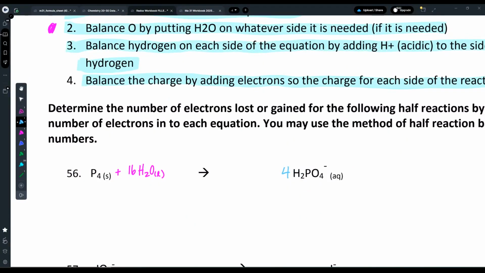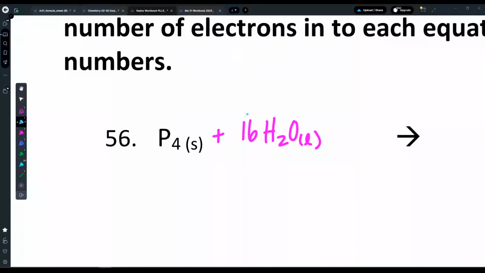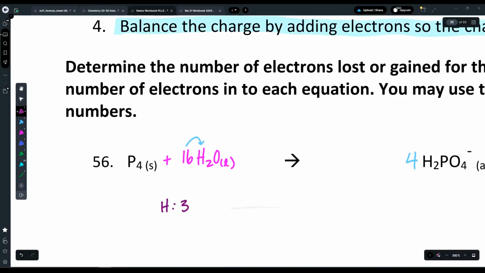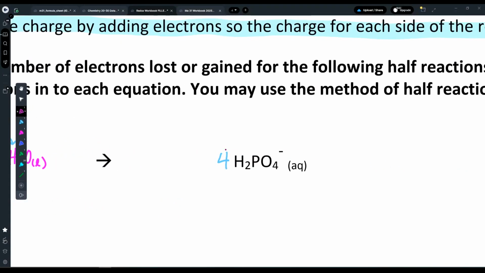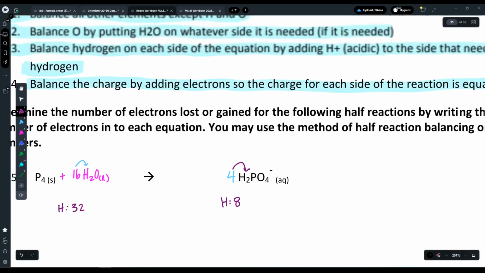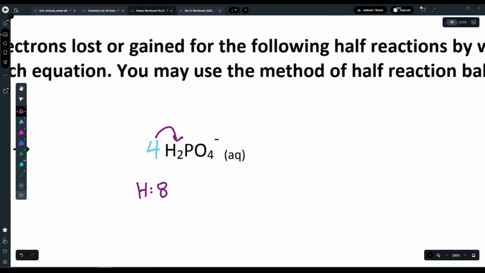So now we're going to move on to balancing hydrogens. Looking at our reactant side, we have 16 times 2, so that's going to be 32 hydrogens. And on the product side here, we have 4 times 2, so we have 8 hydrogens. So I'm going to the side that has the least amount of hydrogens, and that's where I'm adding my H+ ions.